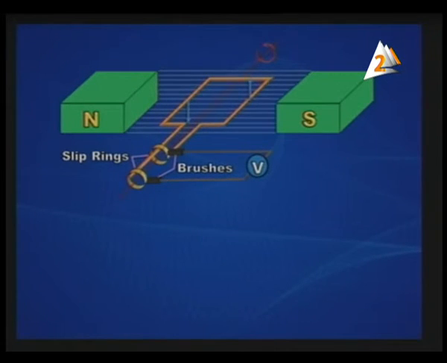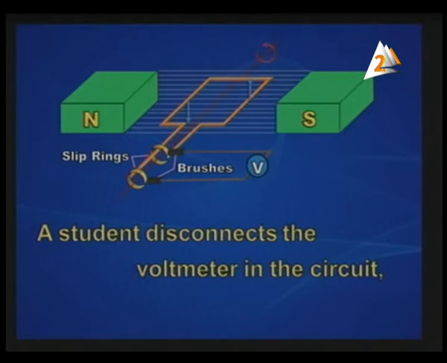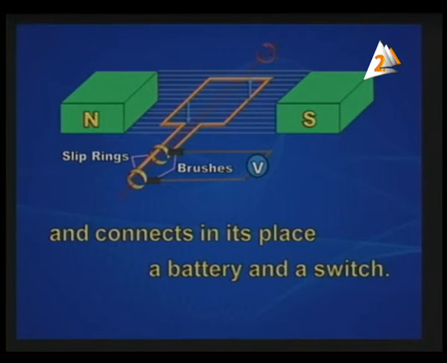And now we've got another type of questions. In front of you, you've got a diagram, and the question says a student disconnects the voltmeter shown in the circuit and connects in its place a battery and a switch. So a battery is placed and a switch. Your attention, we've got 2 slip rings here.